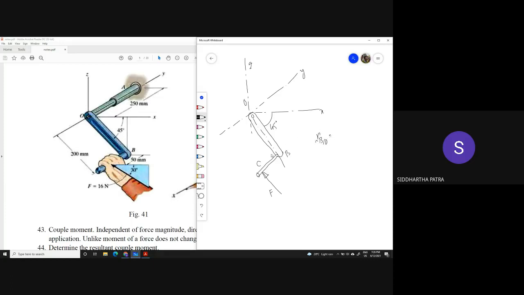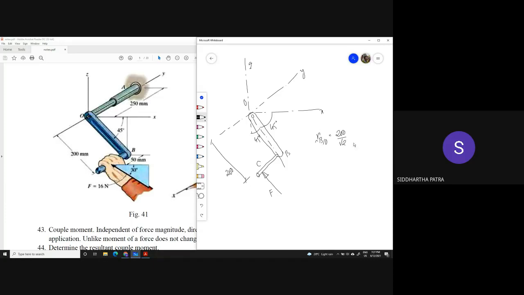should be, so this length is 200. Okay, so if this angle is 45 degrees, this angle is also 45 degrees, which basically means R_B with respect to O should be, let's say, 200 by root 2.